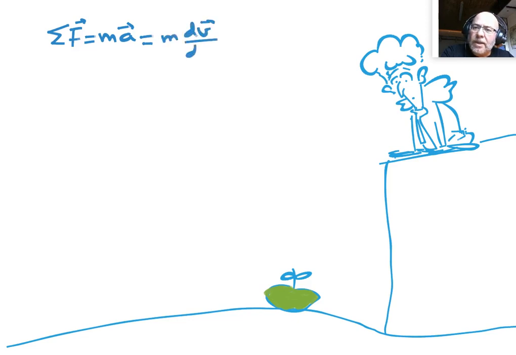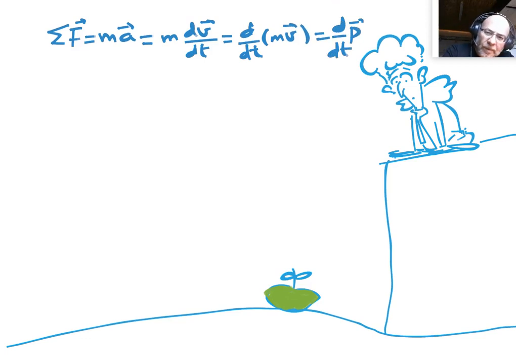dv/dt, that's the acceleration, the derivative of velocity with respect to time. I can put this mass inside, right? And then I have an equation which is the change of p with time, right?